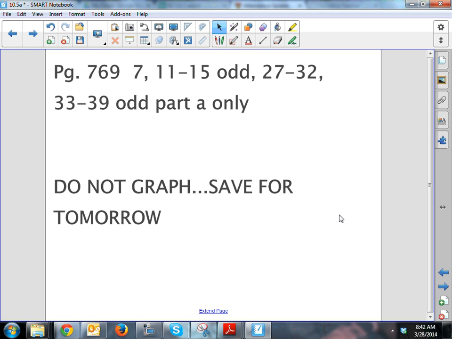Yeah, we're not going to worry about 27 through 32. Yes, 11 through 15, those are the ones we are going to go back and graph.